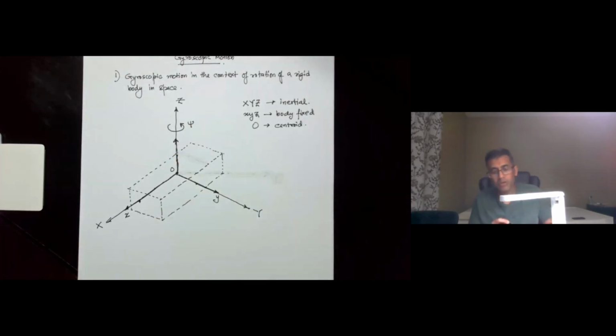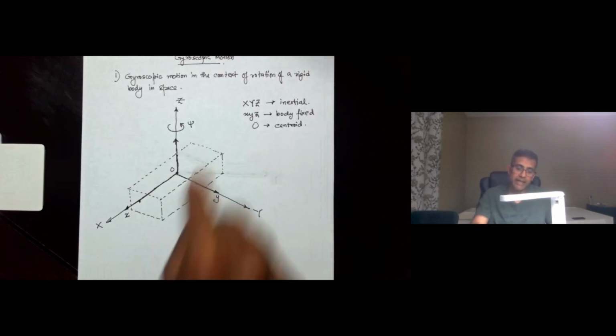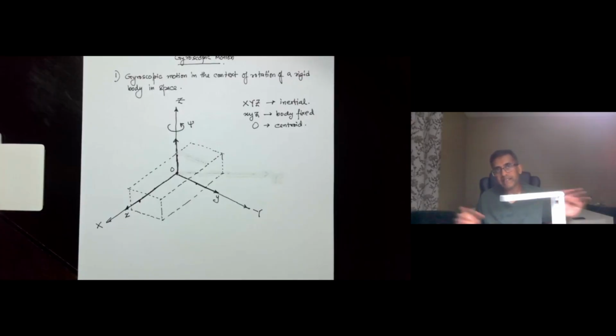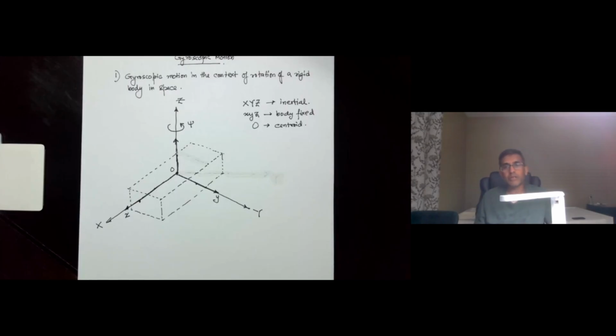If you consider this rigid body to be an airplane with the positive x-axis in the direction of the nose of the plane looking outwards, and the tail being the negative x-axis, the y-axis being along the wings, and the z-axis being directed vertically up through the center of this airplane, then this rotation is also termed as yaw.